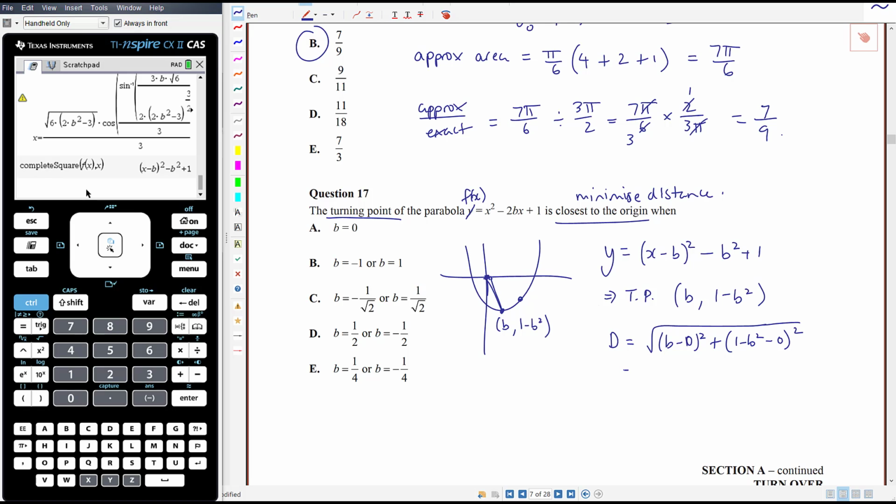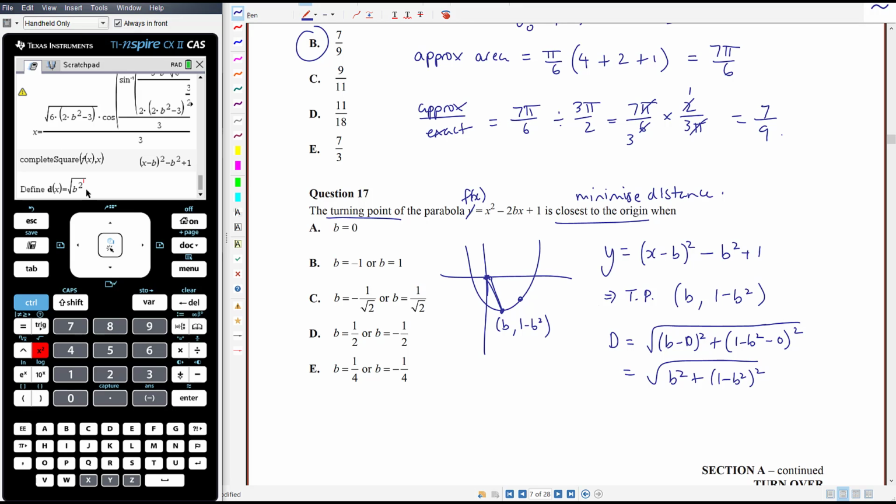So that's just b squared plus 1 minus b squared squared. I'm going to define that function instead, so define our distance function as the square root of b squared plus 1 minus b squared squared.